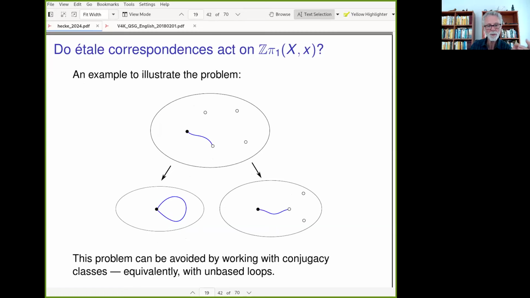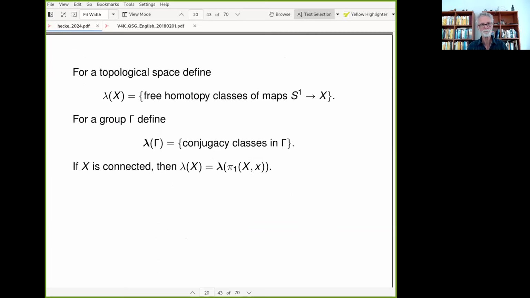So the problem can be avoided by working with conjugacy classes. In other words, with unbased loops. I'm going to denote by lambda X the free homotopy classes of maps from the circle into X. Here I'm not assuming that X is connected.